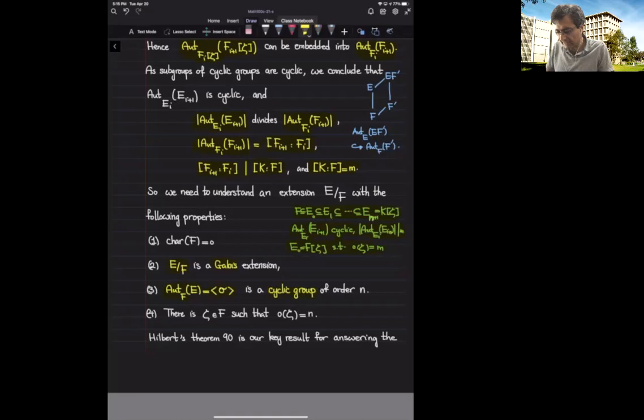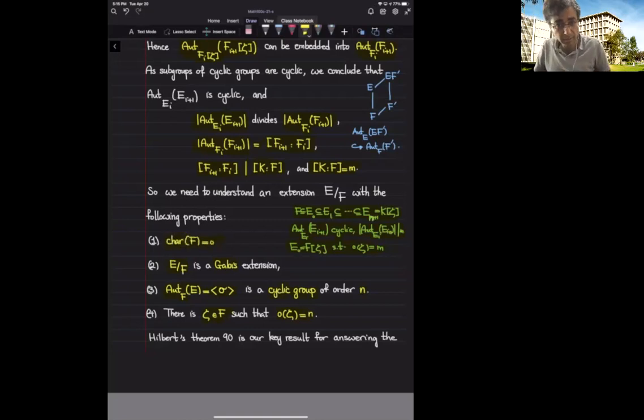And the cardinality of this group, if the cardinality is N, then the base field does contain an element whose multiplicative order is N, and characteristic is 0.